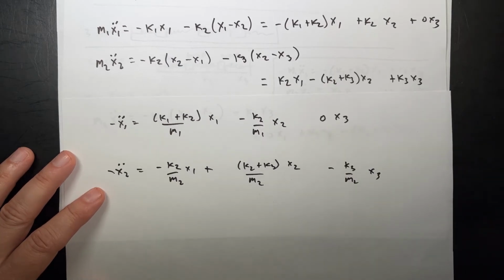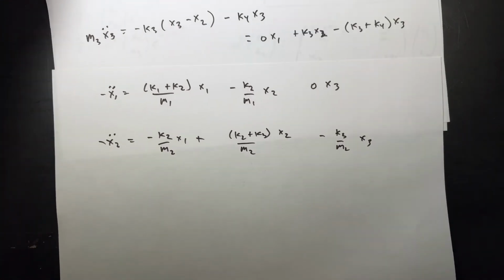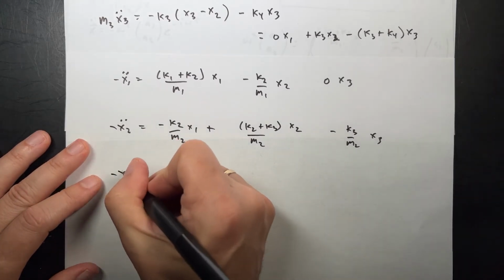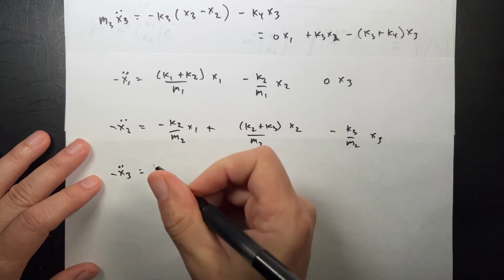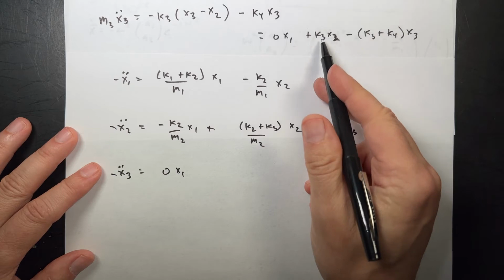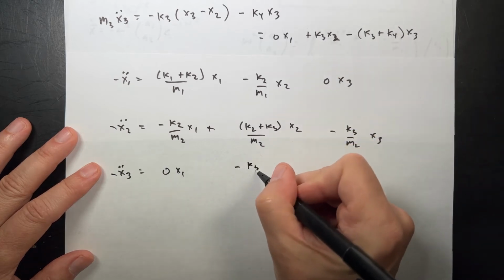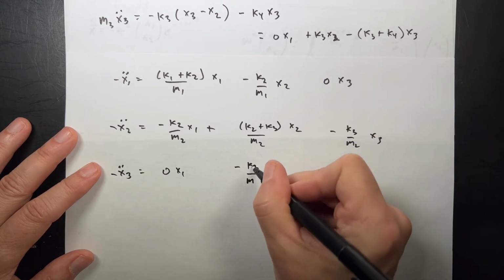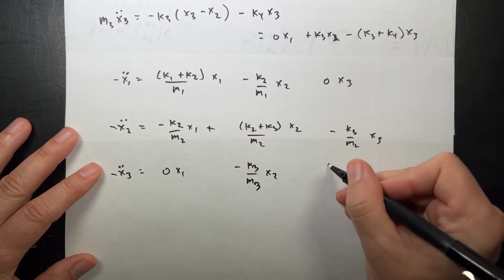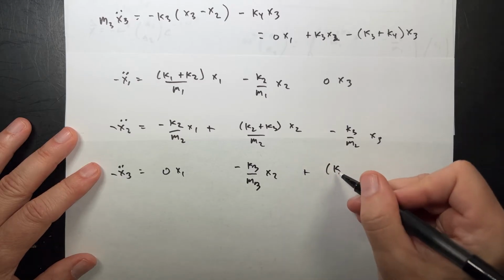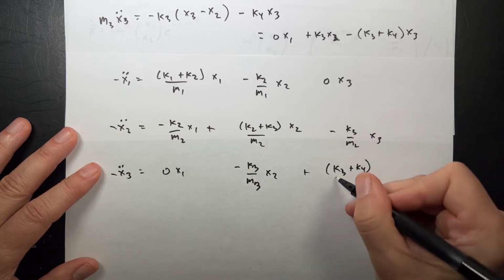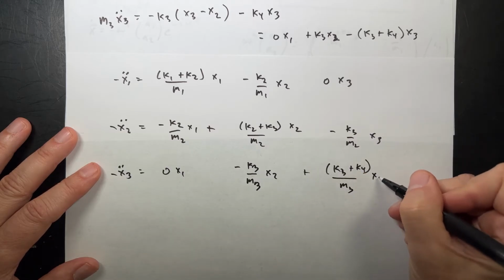And then finally, negative x3 double dot is going to be equal to 0 x1, minus k3 over m3 x2, and then plus k3 plus k4 over m3 x3.